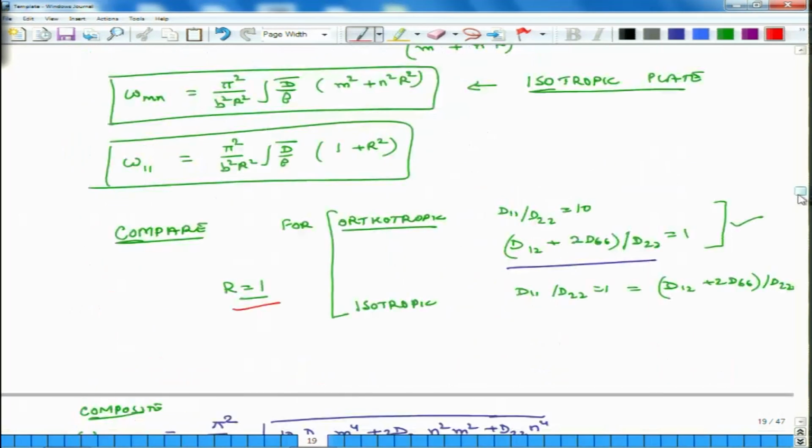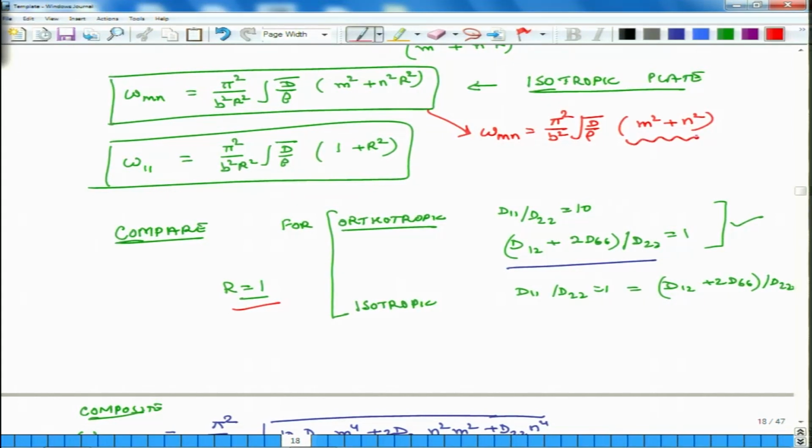Now, let us look at isotropic plate. So, in isotropic plate, if r is 1, then omega mn is equal to pi square over b square times square root of d over rho times m square plus n square, that is all, okay, because r is 1.